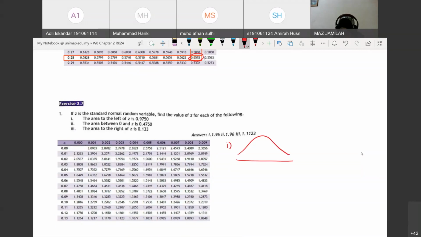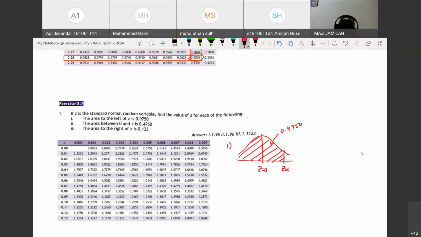I would like to sketch because it would be easier for me to illustrate the area that the question asks. If you feel that without sketching the normal probability distribution is okay, that's fine, as long as you understand. Since Z is equal to 0, the average is at the middle. So the area to the left of Z is 0.9750. If we are talking about, let's say, your Z alpha somewhere here to the left, the area is somewhere here, and this is given by 0.9750.